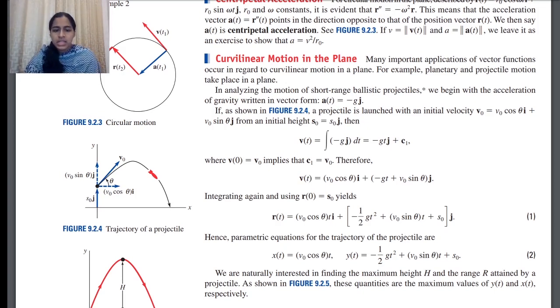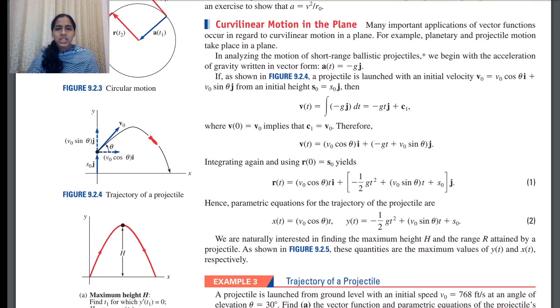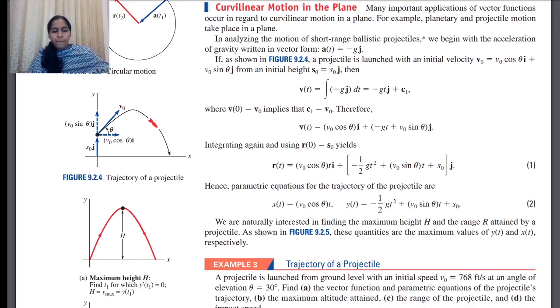Finally the position vector will be r of t is equal to v dot cos theta t i plus minus 1 by 2 g t square plus v dot sin theta t plus s dot j. From this, the parametric equations will be x of t is equal to v dot cos theta t and y of t is equal to minus 1 by 2 g t square plus v dot sin theta t plus s dot.